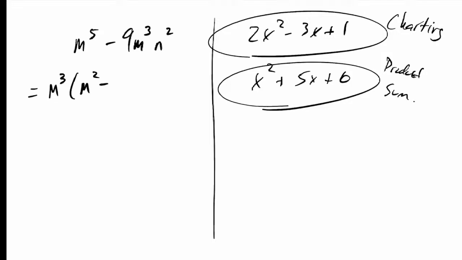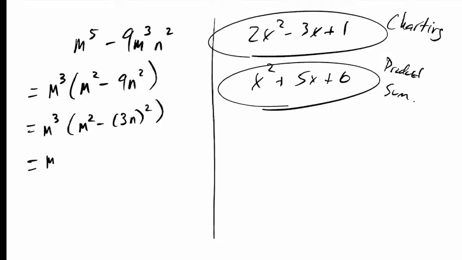So this is m squared minus 9n squared. So I'm getting m cubed. So this is my x and this is my y.